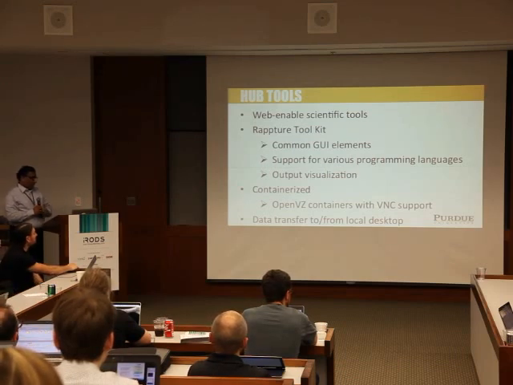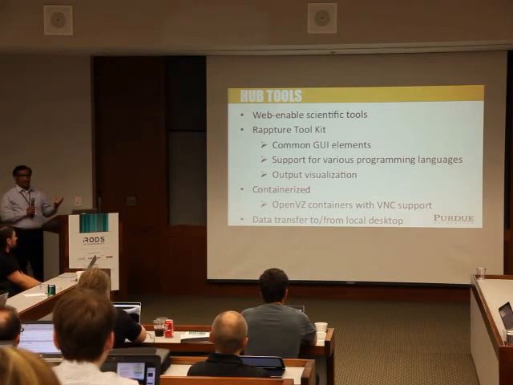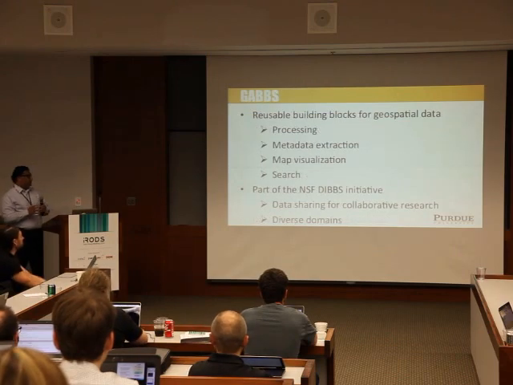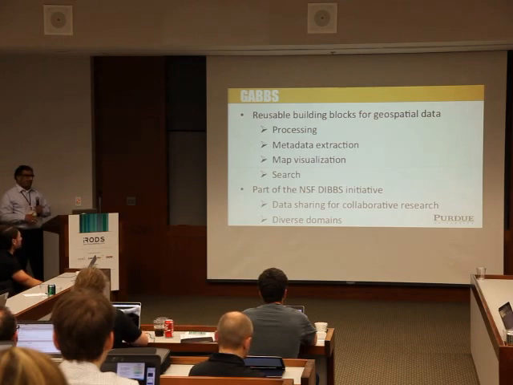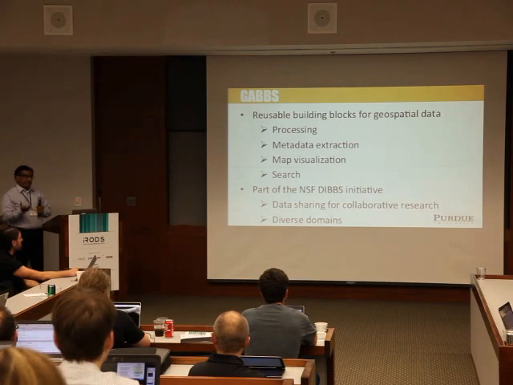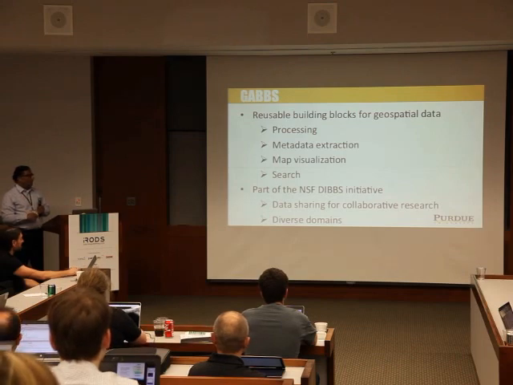All right, so in the course of working on these 3 different projects, there were a couple of things that we kept running into. Since geospatial data was a big part of these different projects, we kept having to build things for processing geospatial data. So common operations like resampling the data to fit a particular resolution, or reclassifying it, essentially trying to reduce the number of dimensions by classifying it into smaller classes, and extracting metadata from all these different files.